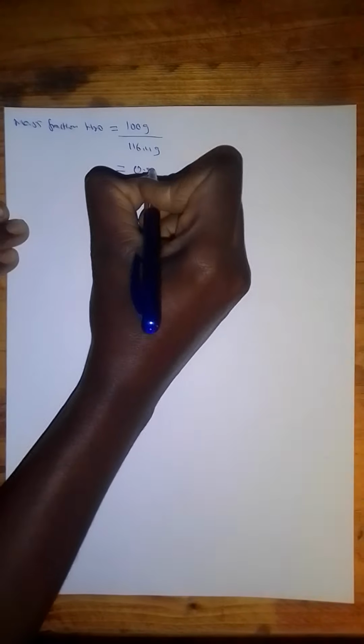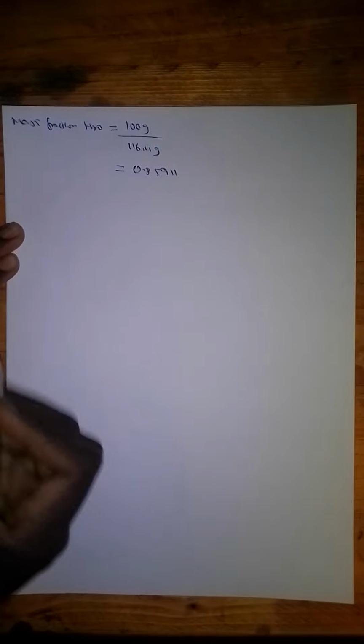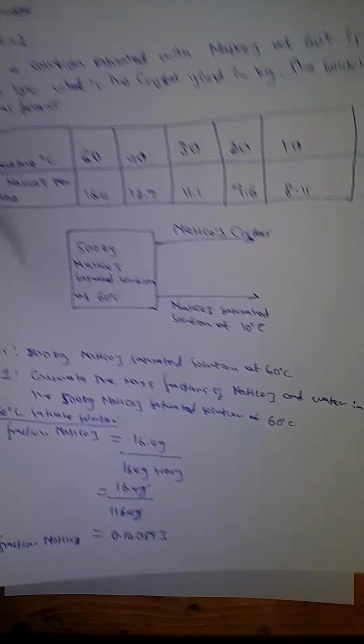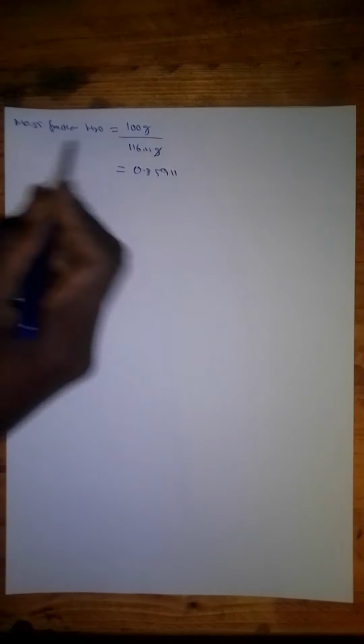So we say 100 grams over 116.4 grams. If you use a calculator, it gives you 0.85911, and the grams fall off. This is the mass fraction of water. So we have both the mass fraction of NaHCO3 and the mass fraction of H2O. With that said, we are done with our first step. This takes us to our step 2.